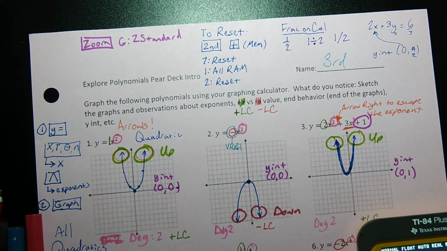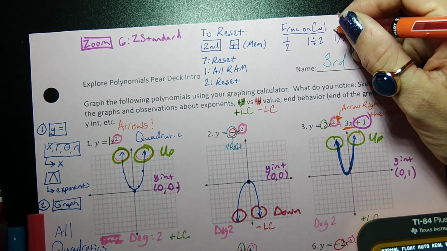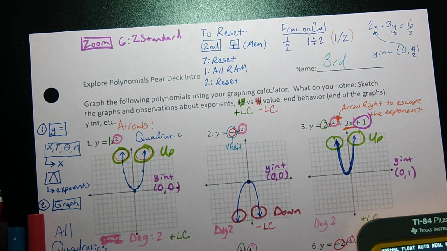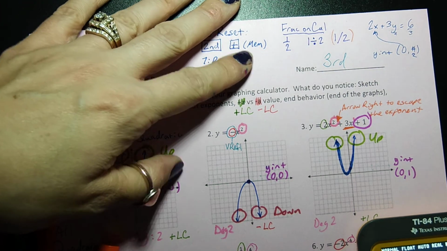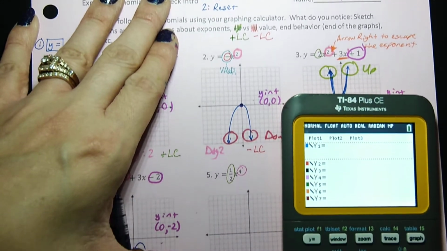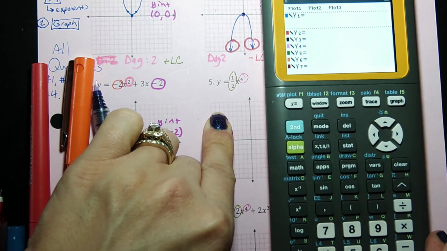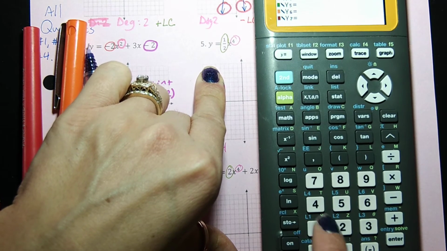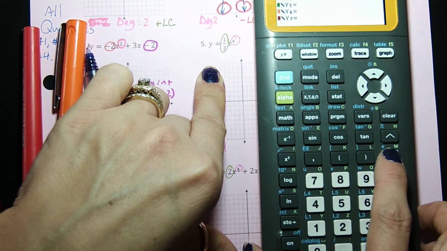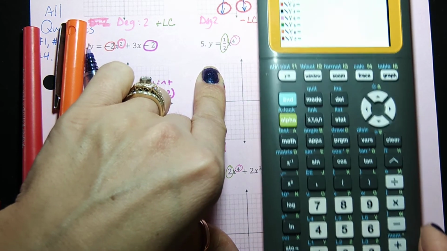Some students like to trap that in parentheses, which I sometimes do when we start typing in more complicated equations just to keep track of it. But you don't have to have parentheses on the problems we are doing right now. So let's practice that. Here's 1/2, so I'm going to hit the 1 button, the division button, and then 2.